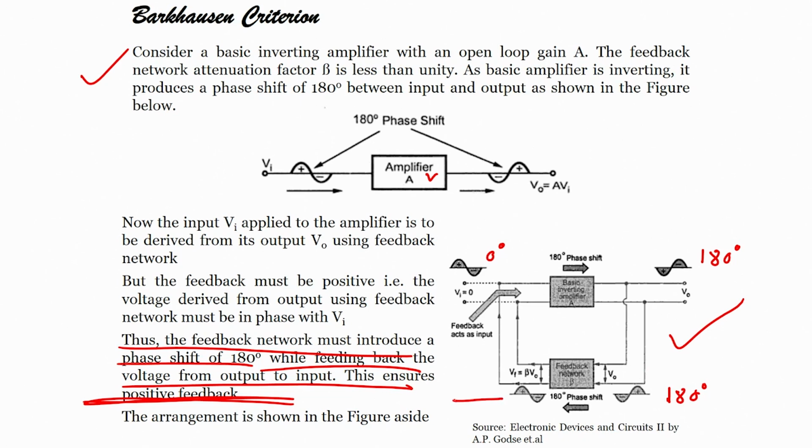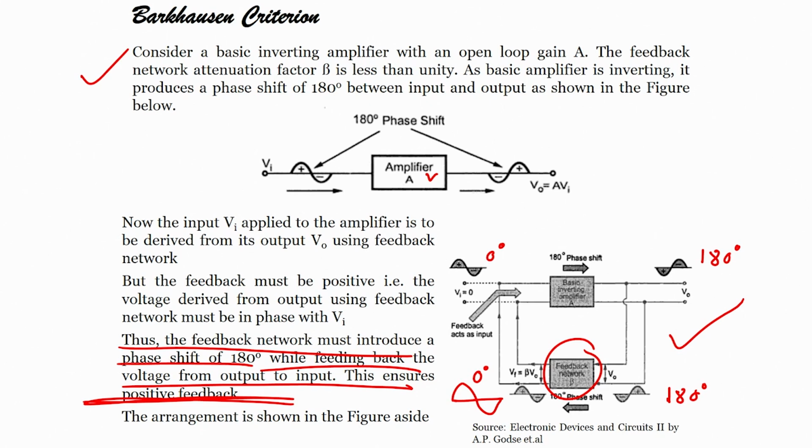Here you see this is similar to 0 degree, right. So, this phase shift is introduced by feedback network beta, correct. This is what is shown here, and this is how the things work.